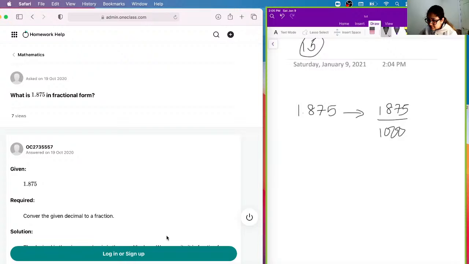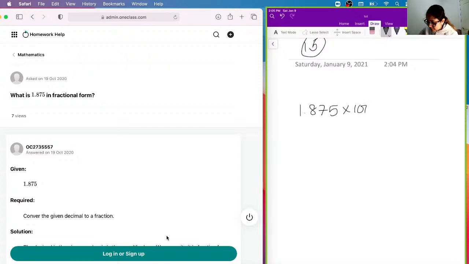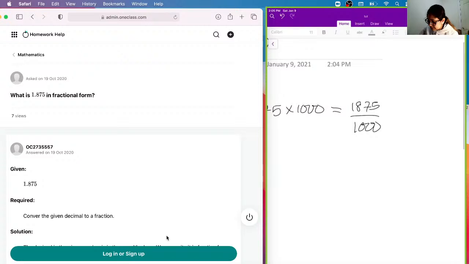What we would want to do first is multiply by 1,000, and then you get 1875 over 1,000. Then we would find the highest number that you can divide both the numbers by, and so it would be 125.